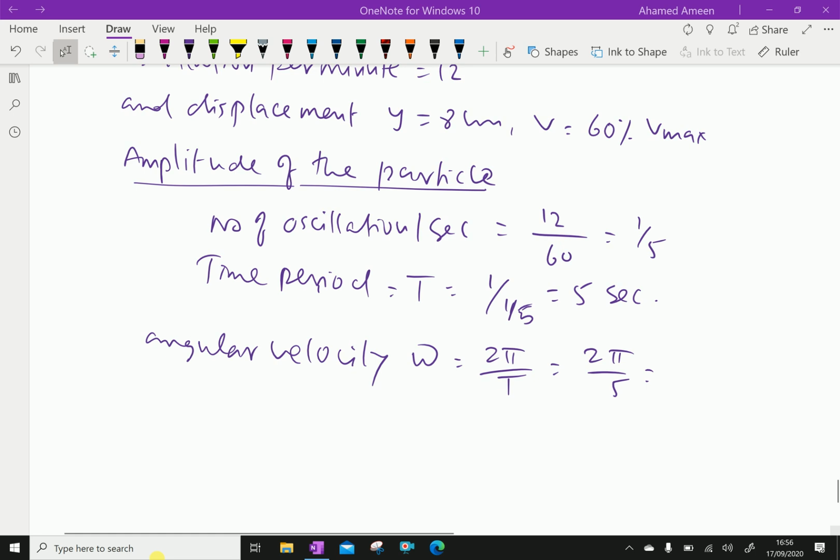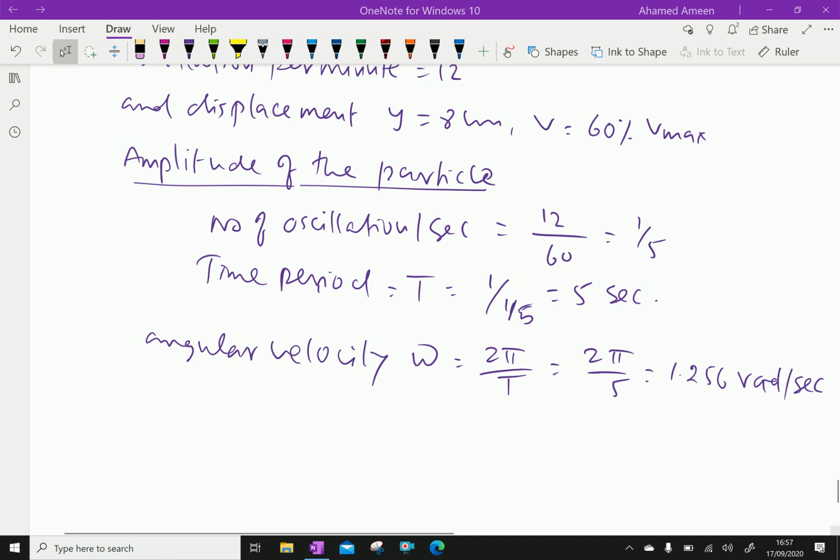We will calculate this: 2 into 3.14 divided by 5 equals 1.256 radian per second.